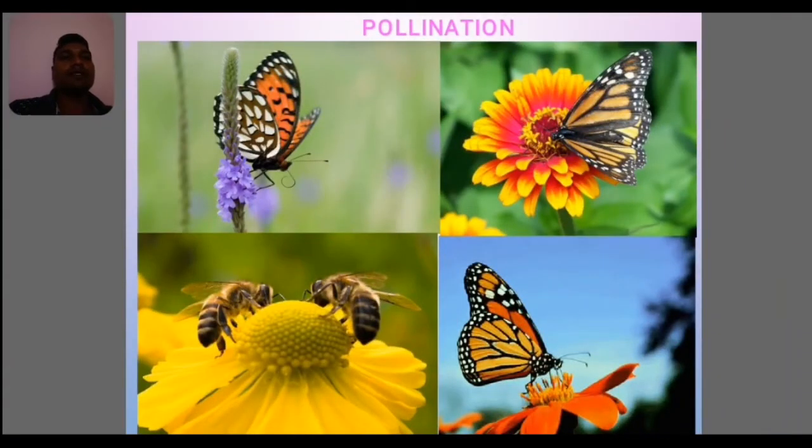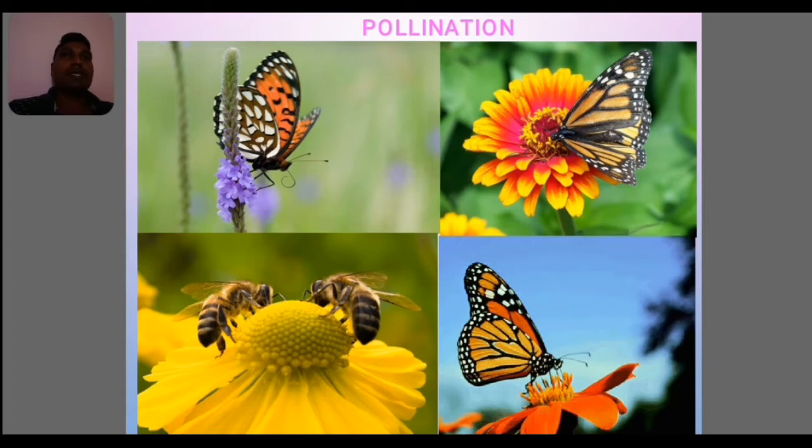The first stage is pollination. There are different ways of pollination. It may be entomophily by insects, anemophily by wind, or hydrophily by water. So these are the different ways of pollination. Among them, entomophily is the most effective way.